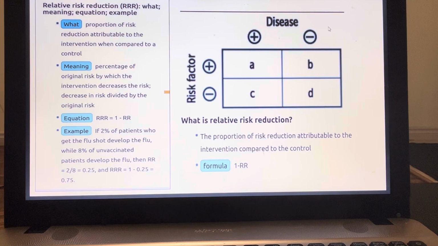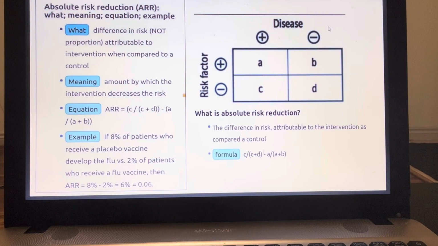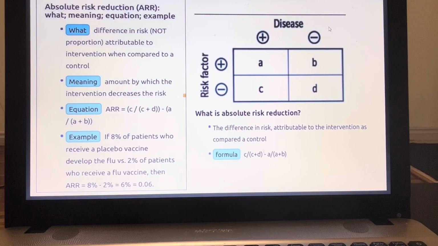Read the question carefully because the value will change. If they are asking the other way, then it will be C by C plus D minus A by A plus B. This is the attributable risk reduction, remember.